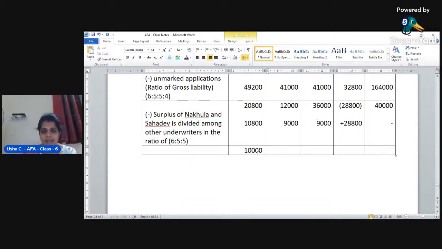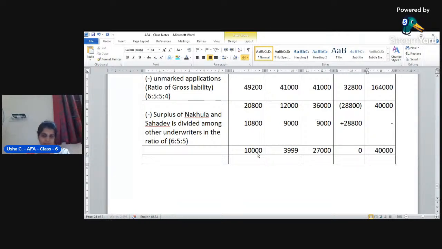Then 12,000 minus 9,000 is 3,000. Then 36,000 minus 9,000 is 27,000. And there is a zero liability of the last underwriter. Then the total should be 40,000. How much? 3,000 it is.